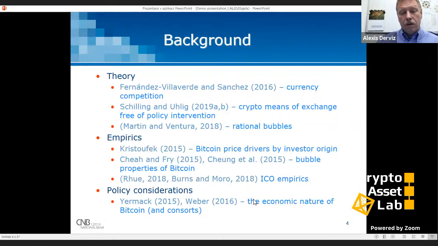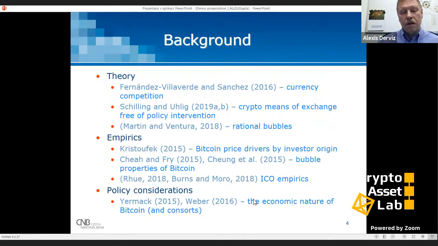But if one talks about store of value, the usual objection is that cryptocurrencies have no intrinsic value. They are bubbles par excellence. There is a literature on bubbles that can be presumably applied to this phenomenon. Then there is the empirical side, which is more down to earth.